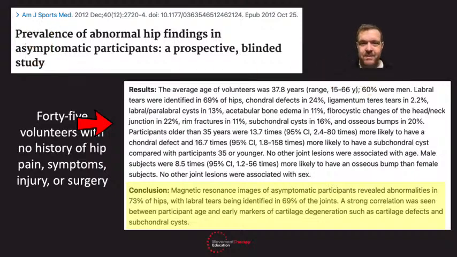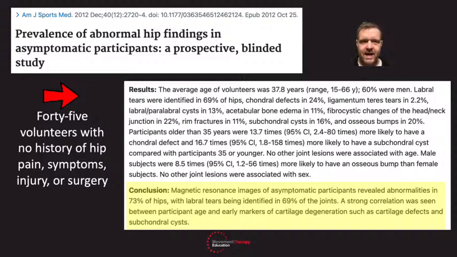Okay, so I just thought I'd show you this. This was the paper that I posted in response to Simon's question in the group the other week, and I was saying about the prevalence of these anomalies. Just because you have a cam or a pincer lesion, it doesn't mean that that's the reason for your symptoms, because quite a few people have these changes.